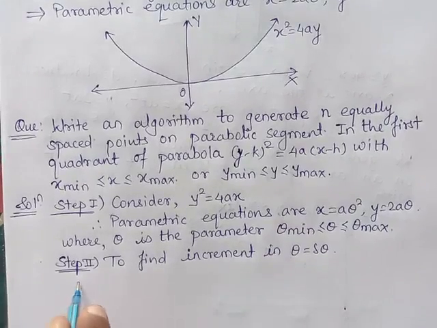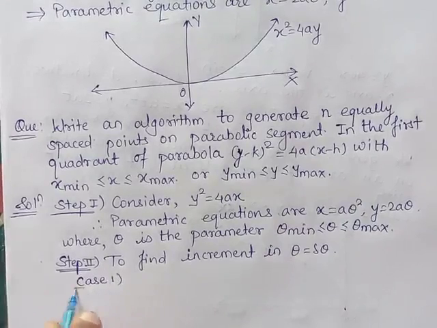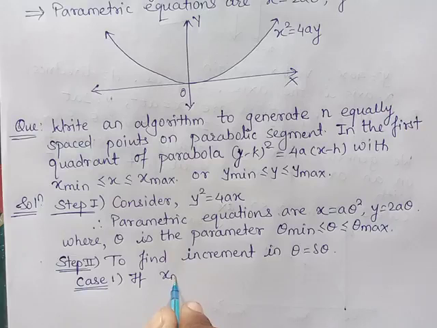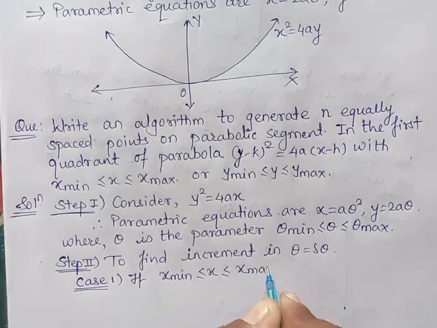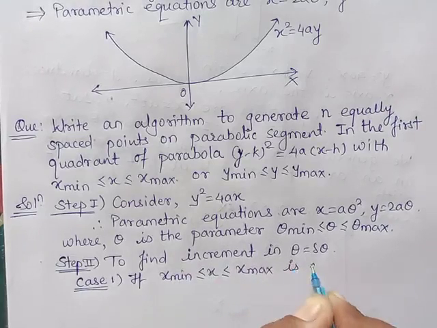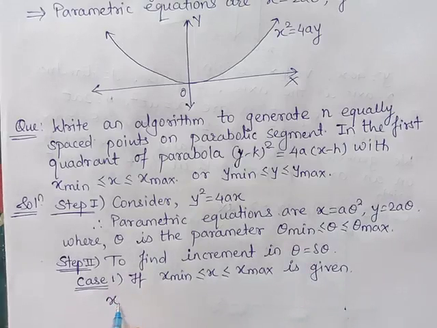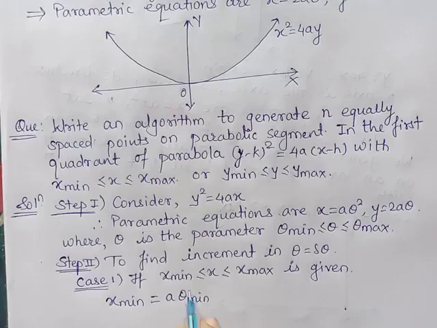Case 1: if x minimum less equal x maximum is given. This is given to us. x minimum having a value a theta minimum square.